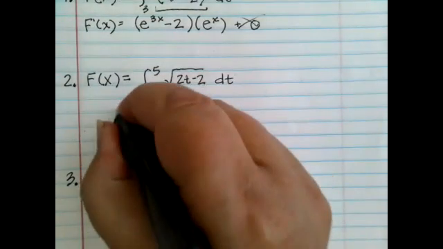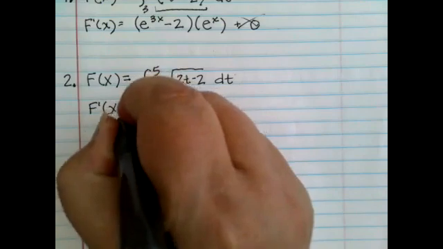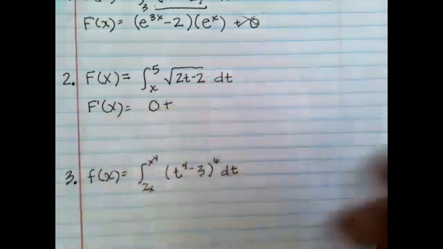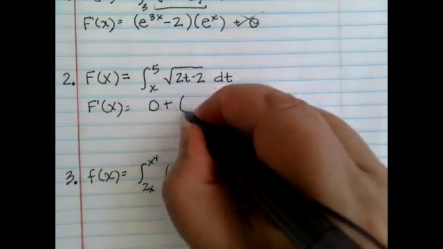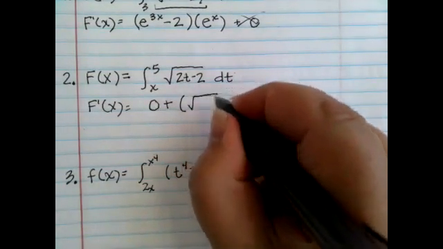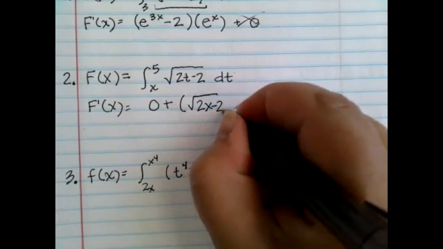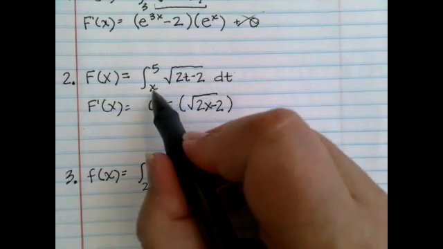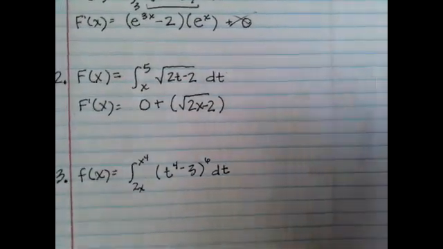So I guess technically, when you're finding the derivative, it does have a 0 first, and then plus, and then we're going to plug an x into this function. And so that's going to be the square root of 2x minus 2. And then we have to take the derivative of x, which that one's pretty easy. The derivative of x is just 1.